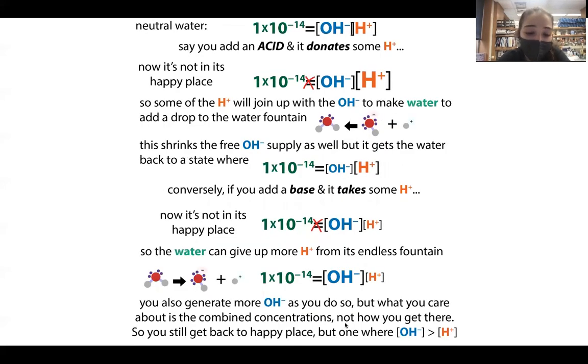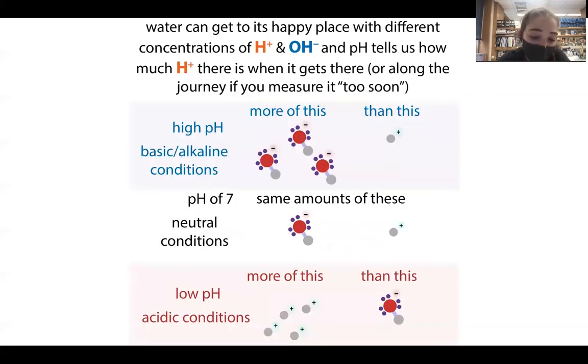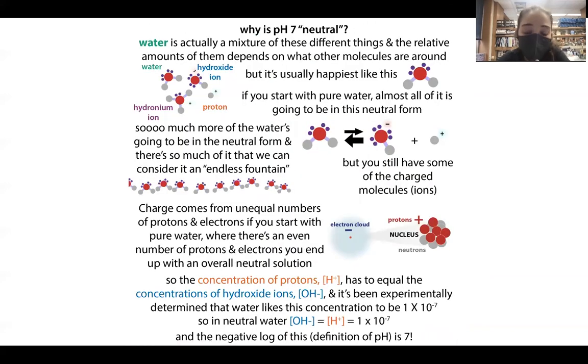And the reason why we have that 7 is because in a neutral something, you have to have an equal number of minus and plus. And with water, if you had a pure solution of water, no other acids or bases added, then the concentration of your protons has to equal the concentration of your hydroxide ions in order to be neutral.